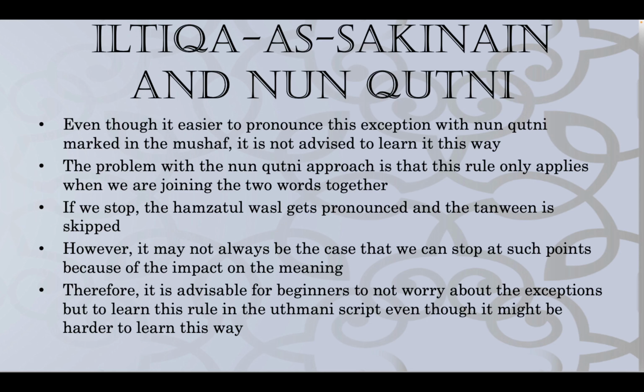Therefore it is actually advisable for beginners to not worry about this exception, but to learn this rule in the Uthmani script, even though it might be harder to learn it this way. What do I mean? The only way that I can explain all of this in detail is by going through some exercises or some actual examples. So let's go ahead and do that.